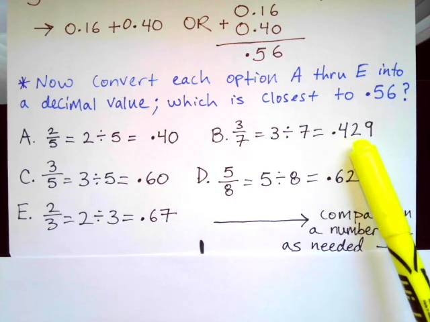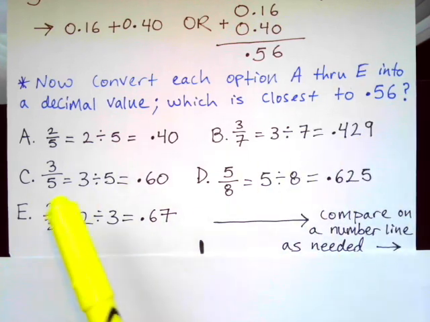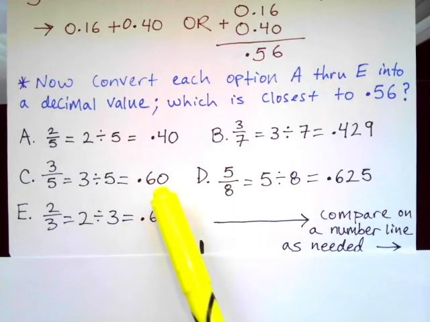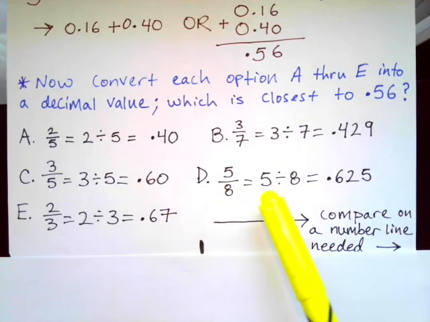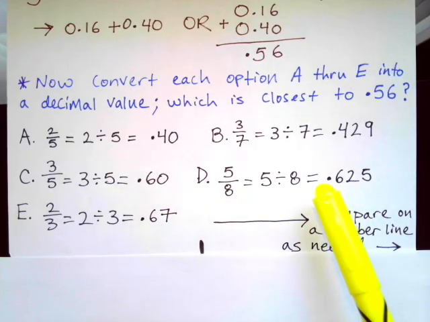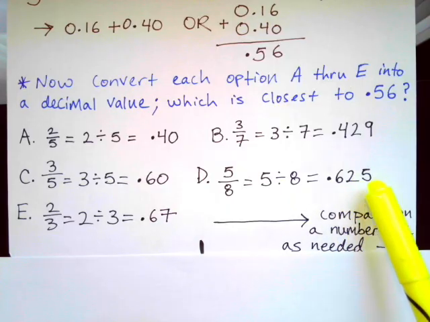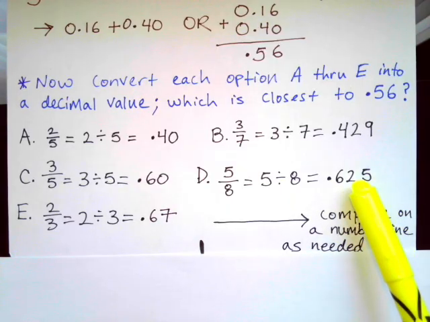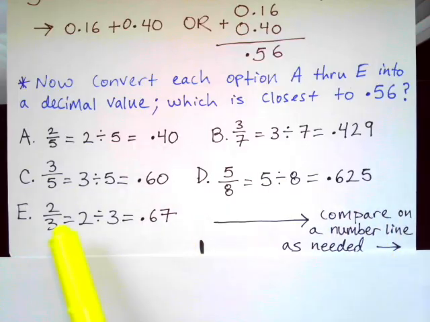So 43 cents would be appropriate for B. C, 3 divided by 5 equals 60 cents or 6/10. D, 5 divided by 8 gives you 0.625, the number to the right is 5 or larger, you could say this was 63 cents. And for E, 2 divided by 3 is 67 hundredths or 67 cents.